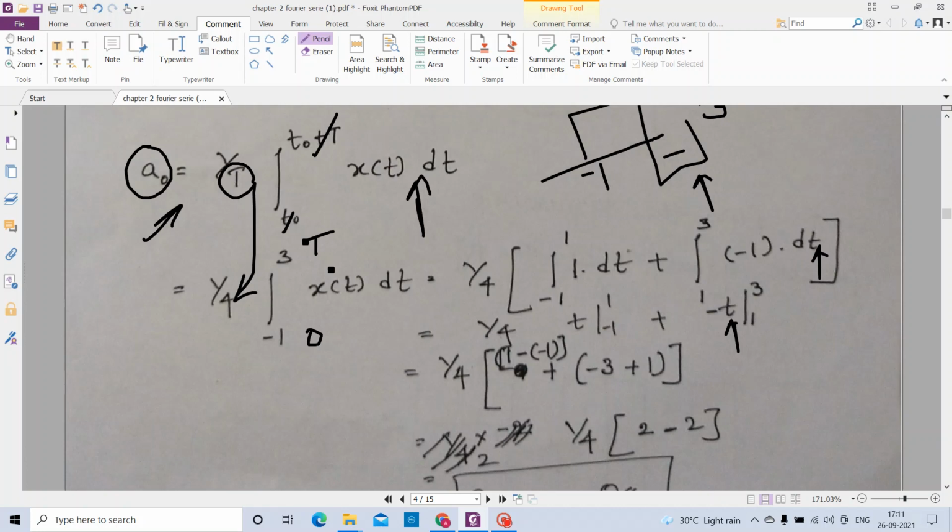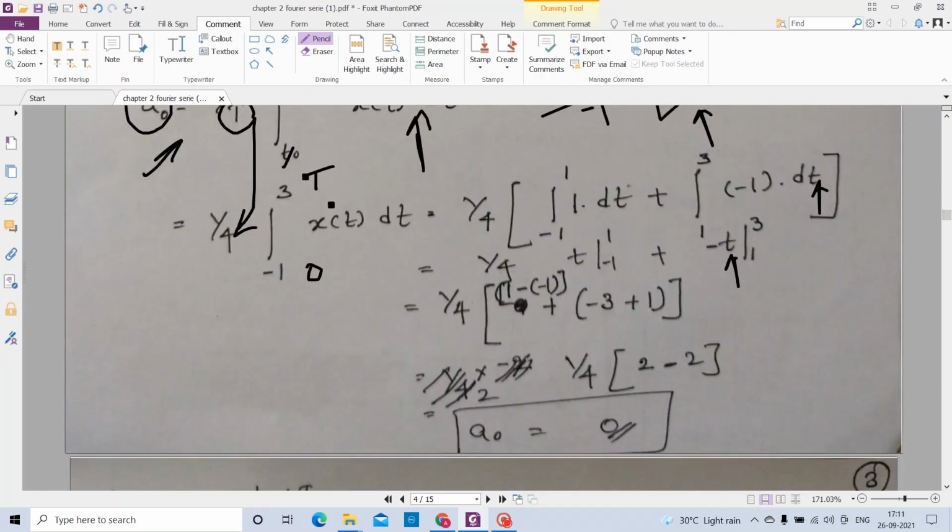After substituting these two values, you know very well how to integrate. So the upper limit 1 minus of minus 1, the lower limit. Similarly, the upper limit is 3, and here we have a minus sign, so it becomes minus 3. Again the lower limit is 1, but here we have minus t, so minus into minus gives plus 1.